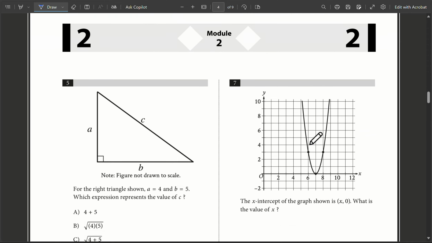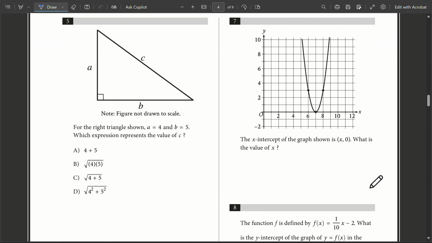Moving on to number 5. For the right triangle shown, A is equal to 4, B is equal to 5. Which expression represents the value of C? Okay, so from our formulas, we know that C squared is equal to A squared plus B squared.